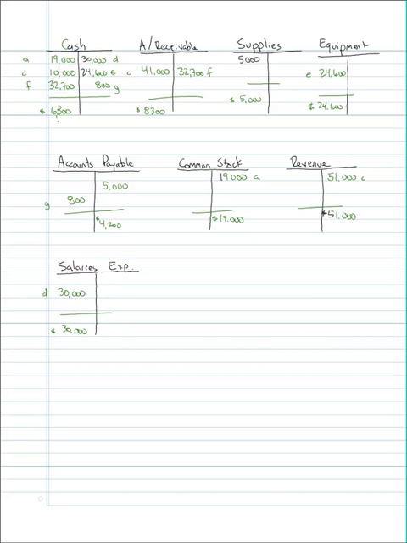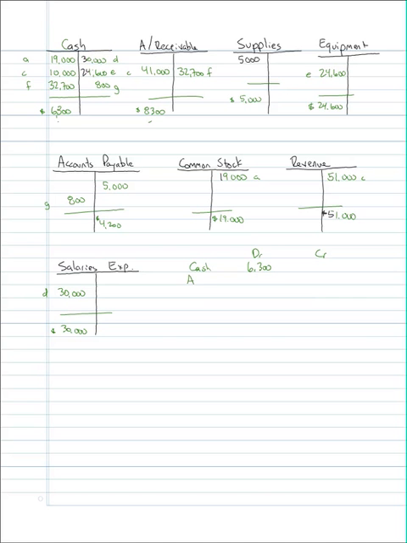We know it's unadjusted because we have not posted any of our adjusting journal entries. So we can pull our account balances straight off of our T accounts. Cash has a $6,300 debit balance.